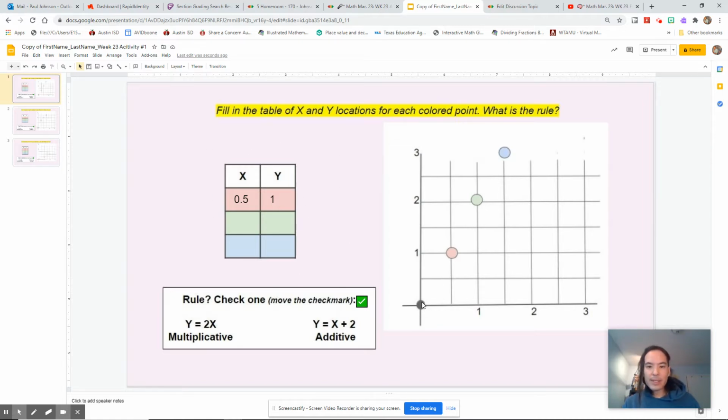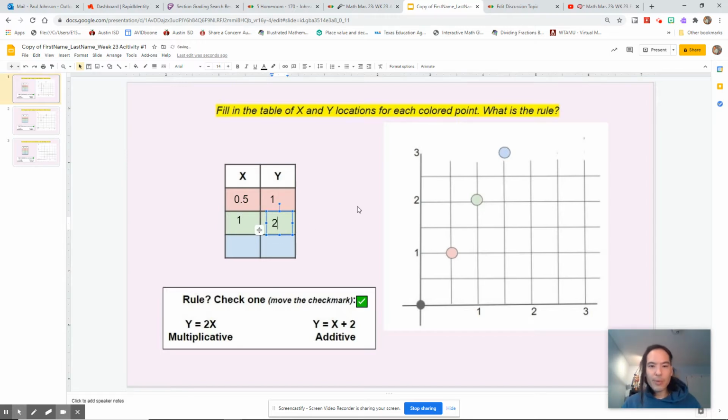All right. So the next thing that we're going to do is we're going to find out this green point. This green point lives at, we ran 1, so our x is 1. And then we jumped 2, so our y is 2. So remember, that's an ordered pair. Like these ordered pairs would basically look like this. If you were going to see these without the table, it would just look like that.